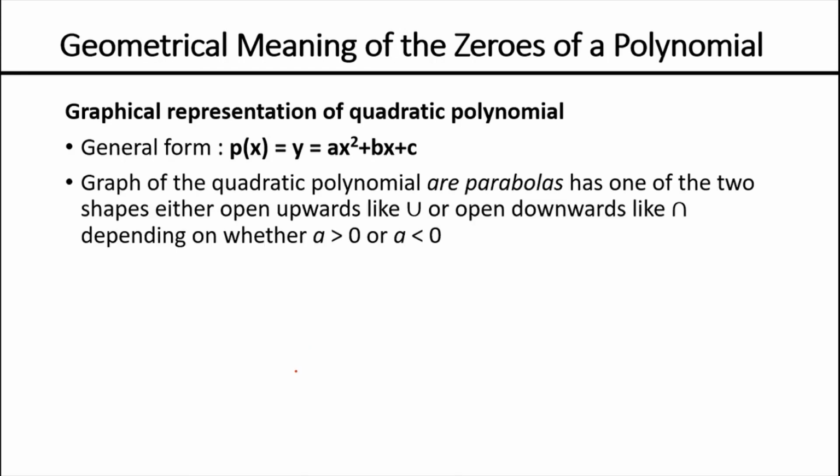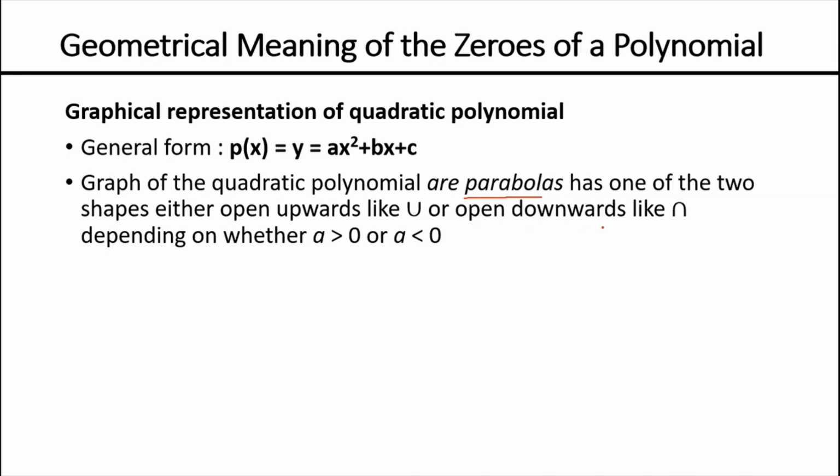The syllabus of class 10 does not demand that you plot graphs of either quadratic polynomials or polynomials of higher degree. However, as a thumb rule, we should always remember that quadratic polynomials are in the shape of parabolas and will have one of two shapes. They will be either facing upwards or facing downwards.